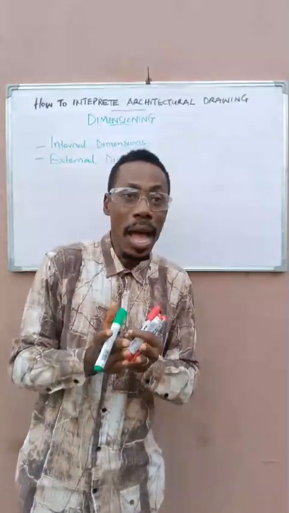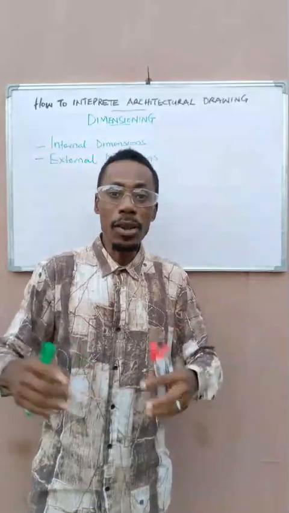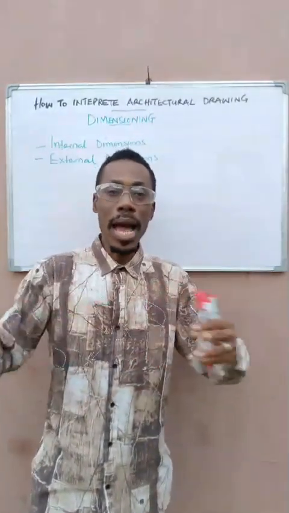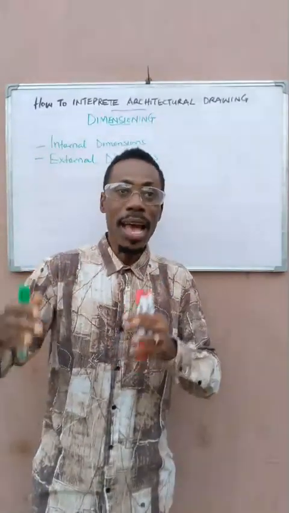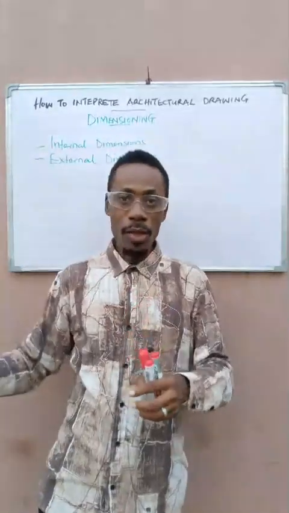Without the dimension, you cannot actually form that building on ground, because those partitions have dimensions. It is those dimensions that determine their shape on ground when you're transferring.